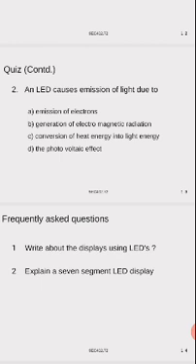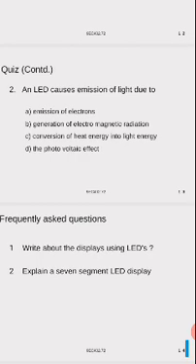Hence, we use a special material for LED. When we use these materials, the energy will be emitted or radiated in the form of light.